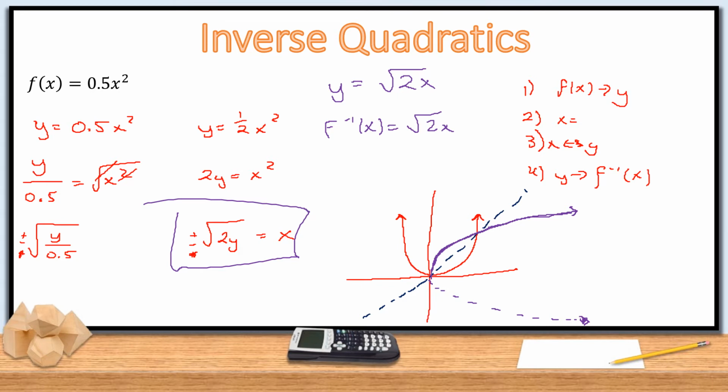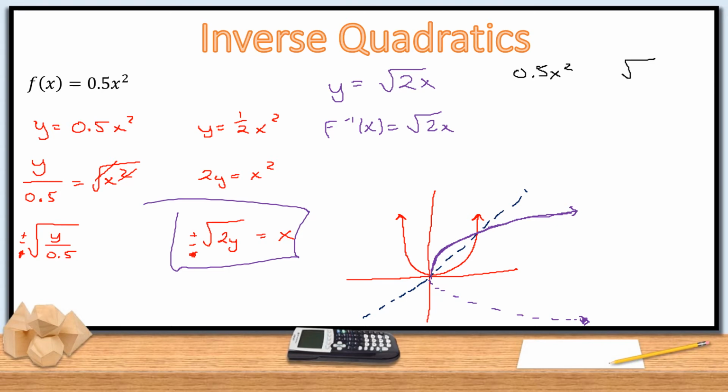Now the last part is to verify that your answer is actually correct. That was where I was talking about using that composition of functions. So the question would be, is 0.5x squared the inverse of root 2x, or vice versa, or are they the inverse of each other?